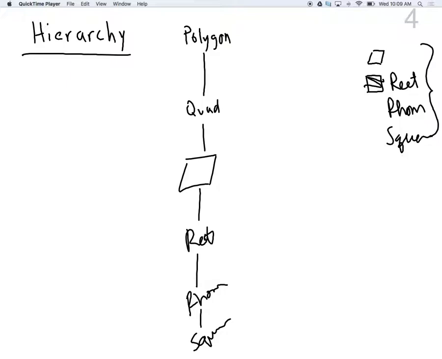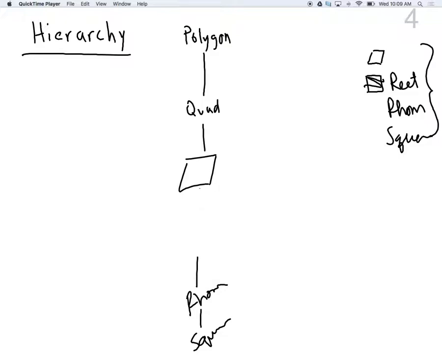Okay, you're going to be angry with me. That's wrong. Why is that wrong? Wouldn't rectangle and rhombus be equal? Okay, so how do I represent that graphically? You would do two lines from the parallelogram.